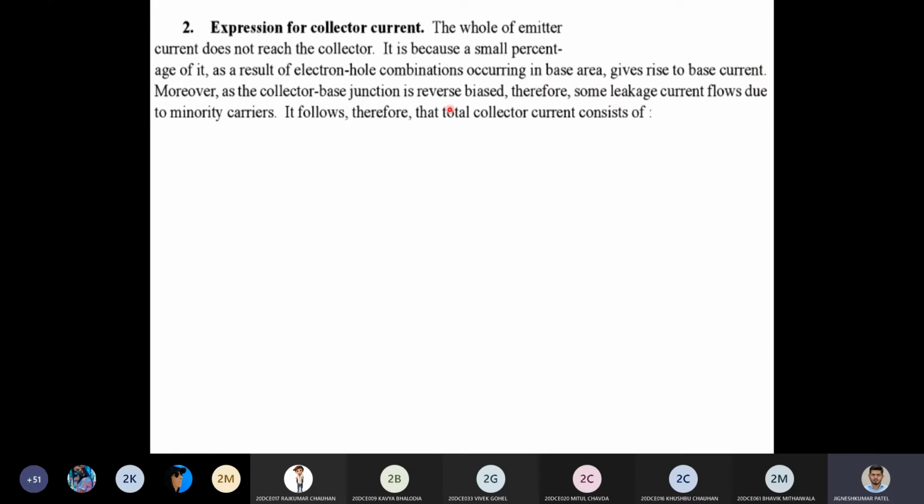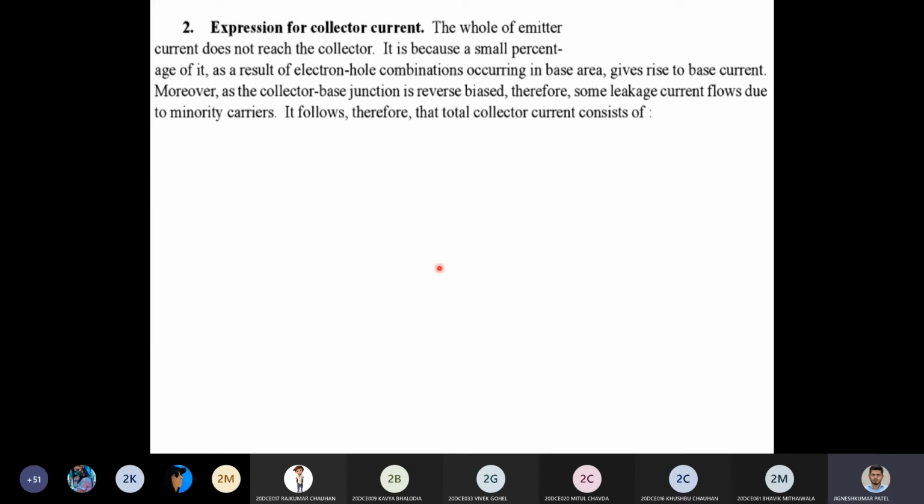Therefore, some leakage current flows due to the minority carriers. The majority carriers are holes in the case of PNP, and electrons in the case of NPN, but there are minority carriers which result in the leakage current, as there is a reverse bias. During reverse bias, we have seen in PN junction diode characteristics, some leakage current is always present.